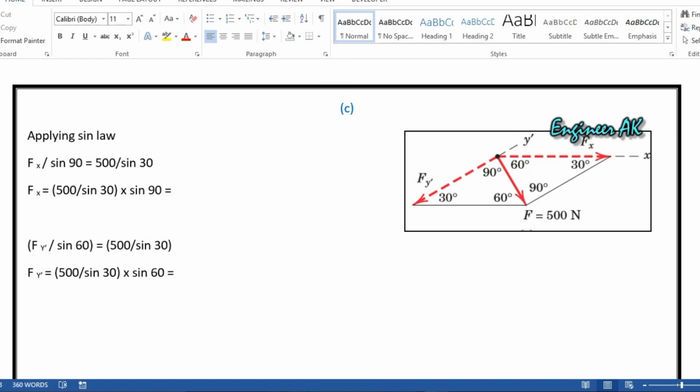Here sine 90 is in division, so when it moves here, it will be multiplied, right? And similarly sine 60 here is in division, and if I move it to the opposite side of the equal sign, it will come in multiplication, right? Now let's plug in the values and we will find the required answer, F of x and F of y dash.